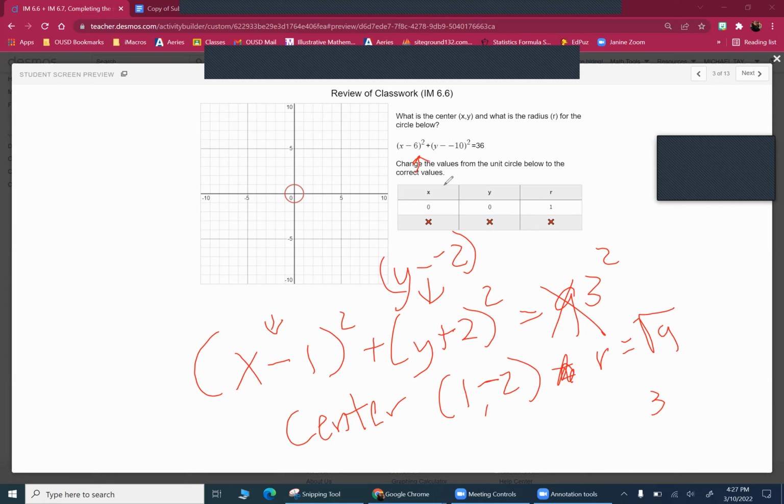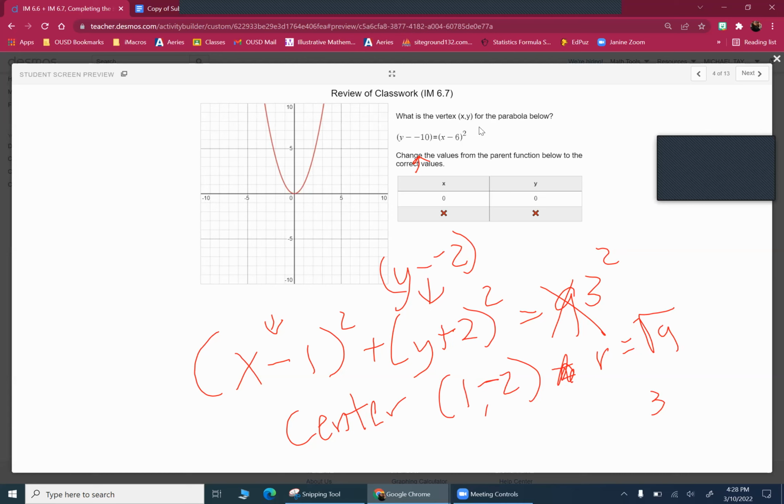All right, let's go to the next one. So this is related to a parabola. It's a different shape, but notice, oh, that kind of looks the same. So we'll come back to that. Let's go to the next one. Okay, same kind of problem. I'm on slide 5, I guess. This is written the same way, minus 6. Oh, but they didn't write this the right way. This is y plus 10. I need it to be minus.